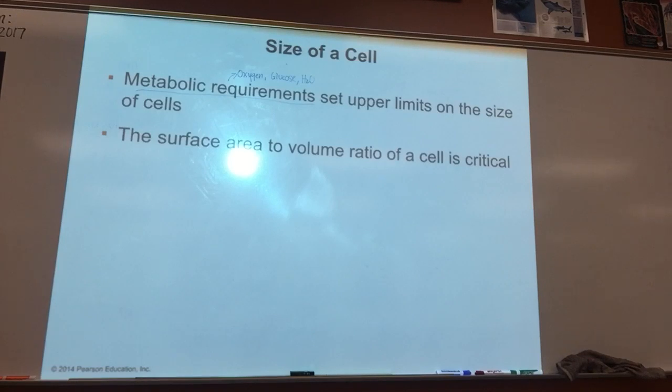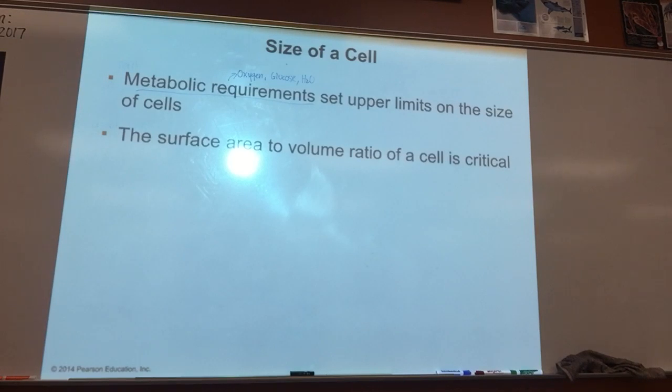And then on the bottom, it gives you some generic fake cells that are cube-shaped. So you have cells A through D. And it tells you how to calculate surface area and volume of a cube. So what I'm going to want you to do is read through that and then actually figure out the surface area to volume ratio for those 4 cells, A through D, and fill in that chart at the bottom. All right?